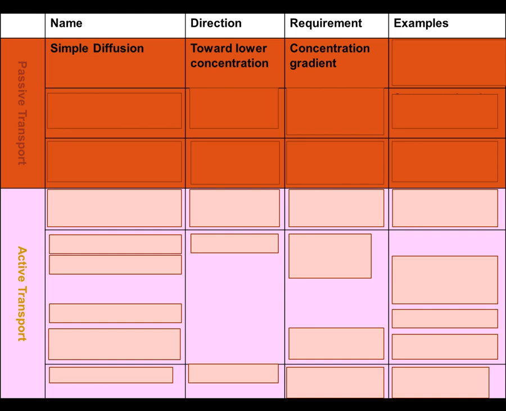If I want to move something to that fatty layer, should it be water soluble? If I want to move something through fat, would something water soluble move through fat? What does fat do to water? Repels it. So could water or other polar molecules simply diffuse across the cell membrane?